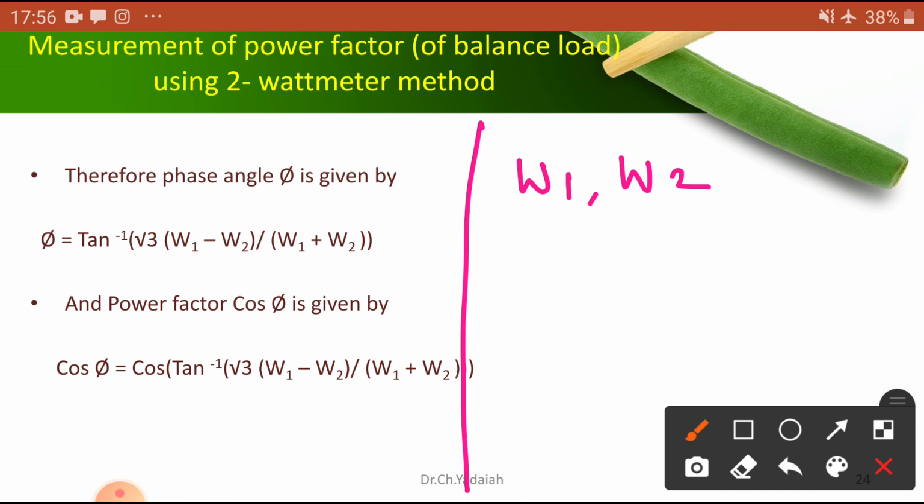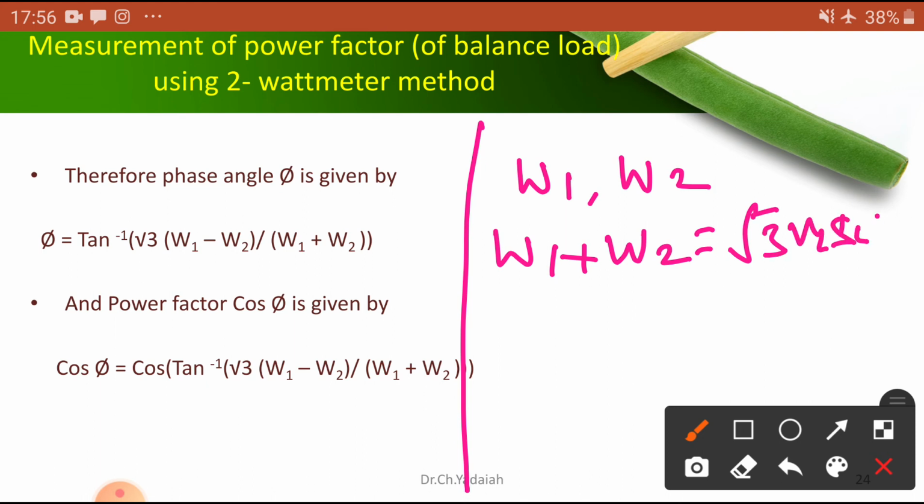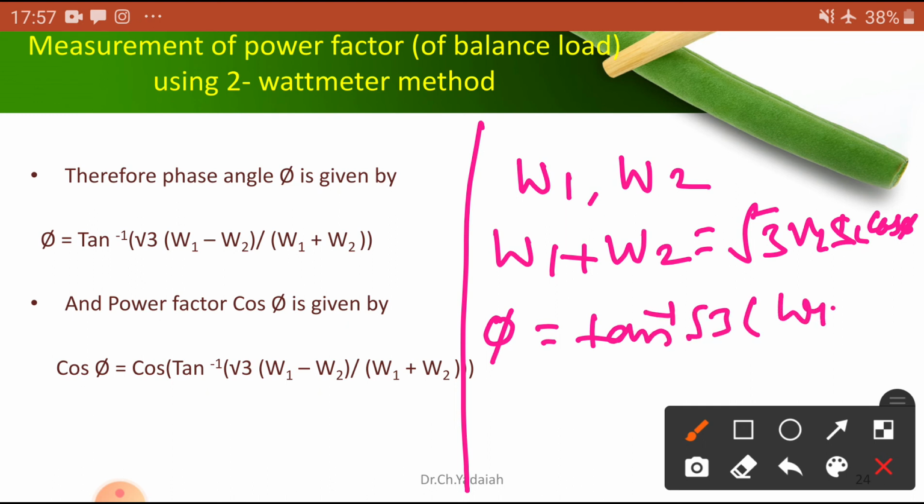So W1 plus W2 gives the total power, that is root 3 VL IL cos phi, and the phase angle phi is equal to tan inverse of root 3 times W1 minus W2 by W1 plus W2. We derived these values from the phasor diagram.